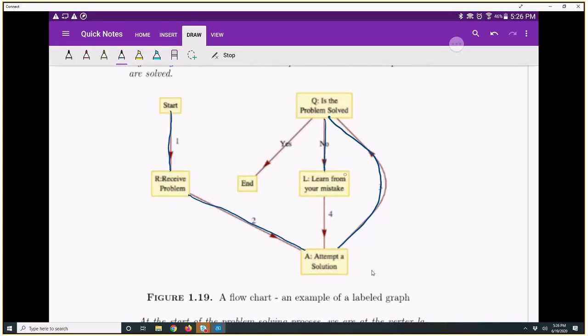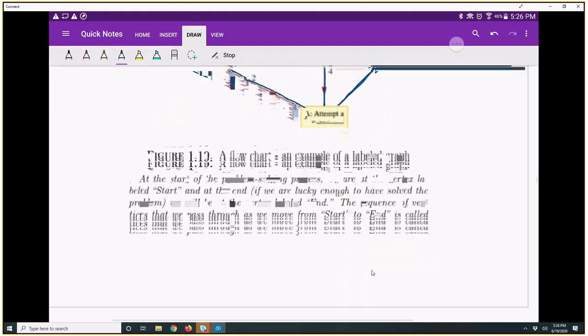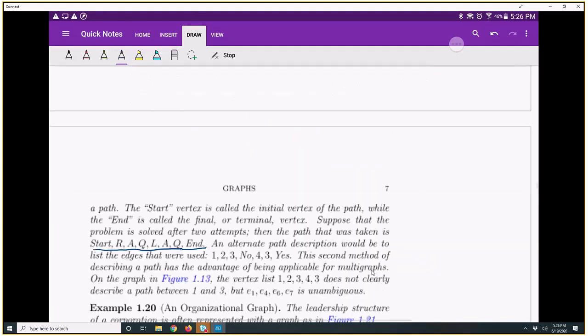So we'll learn from our mistakes. That's L. Attempt a solution, A. Then we go back up this edge to Q. Is the problem solved? And now we say yes, we solved the problem on the second attempt. So we go to end. So we wanted to describe this path in terms of the vertices that we visited. It's start, R, A, Q, L, A, Q, end.